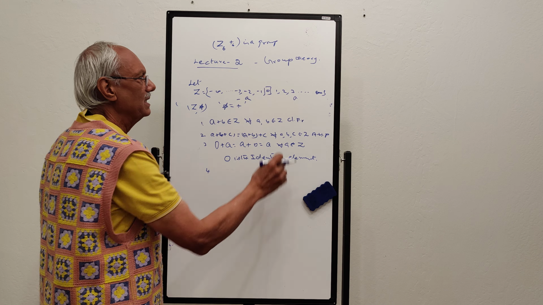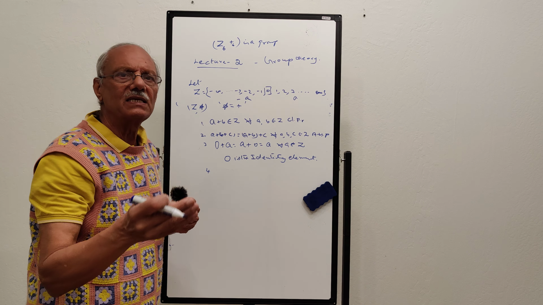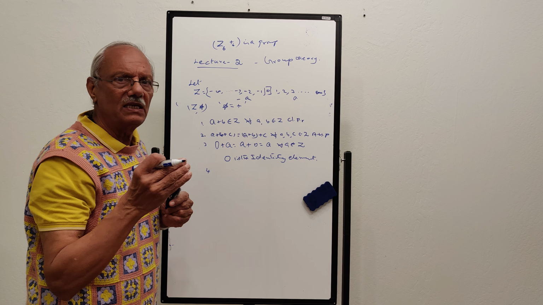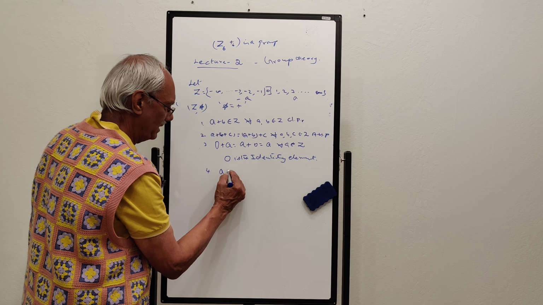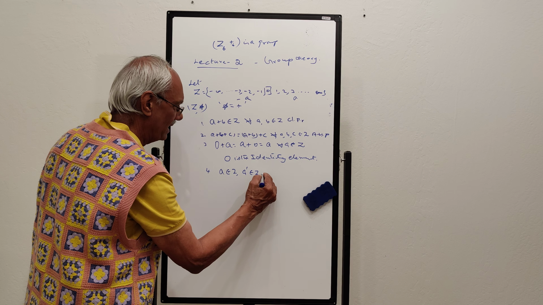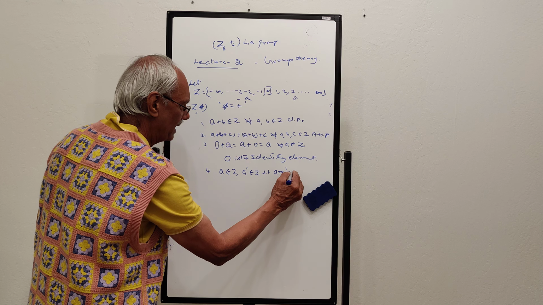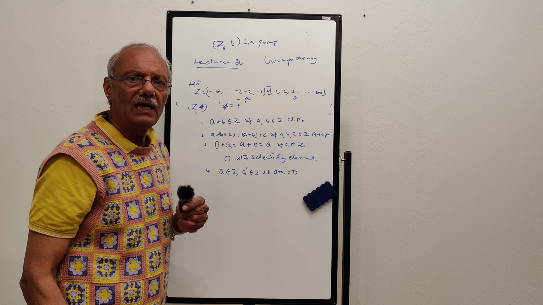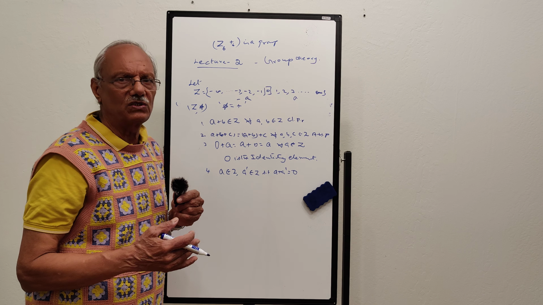That means for every element a here, there exists a corresponding inverse. We call it an inverse element: if a belongs to Z, a dash belongs to Z such that a plus a dash is equal to the identity element, then a is said to be the inverse of a dash, or a dash is said to be the inverse of a.